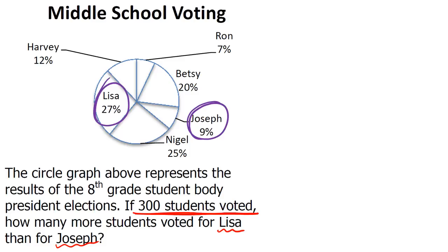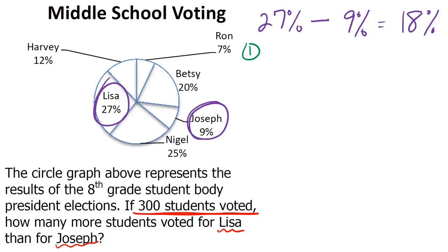In order to figure out how many more students, let's subtract these 2 percentages. I have 27% minus 9%, which gives us an 18% difference between the votes of Lisa and Joseph. Just like in our previous video, step 1 is we change our percent, 18%, to a decimal. We know that 18% is the same as 18 hundredths.